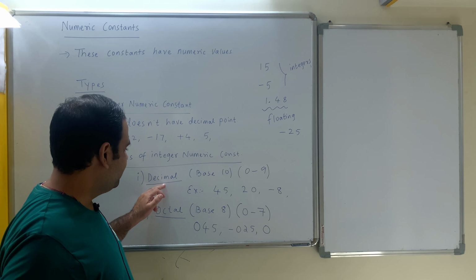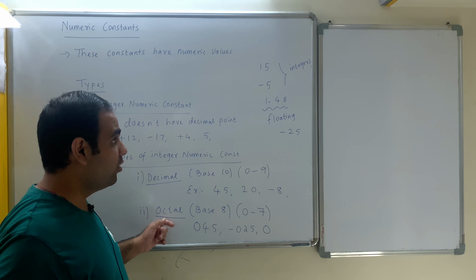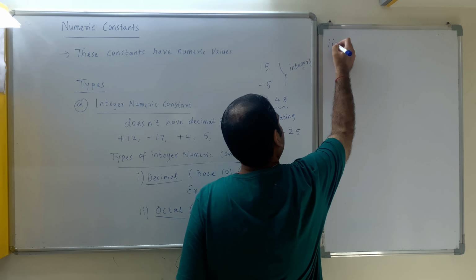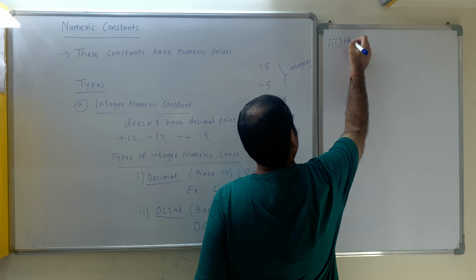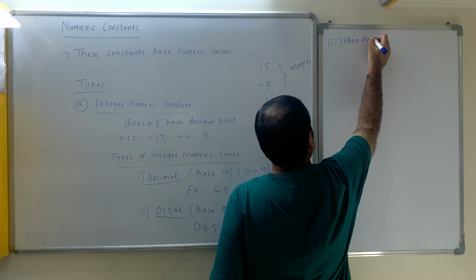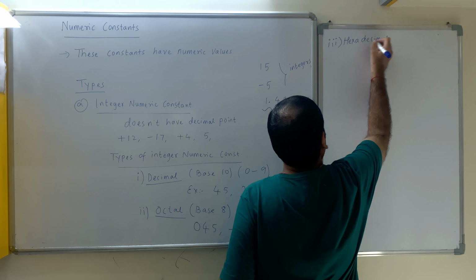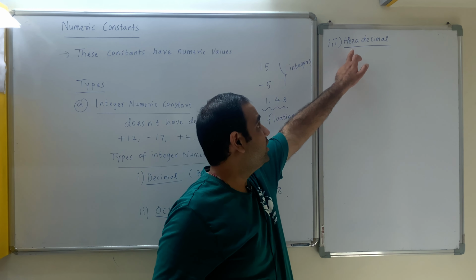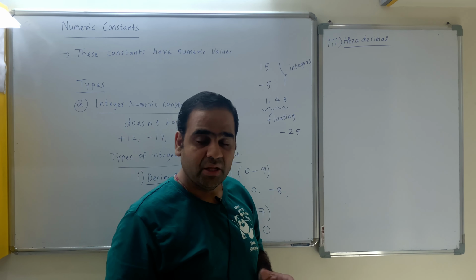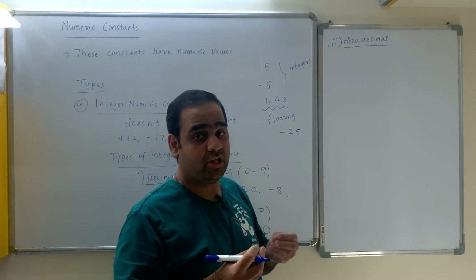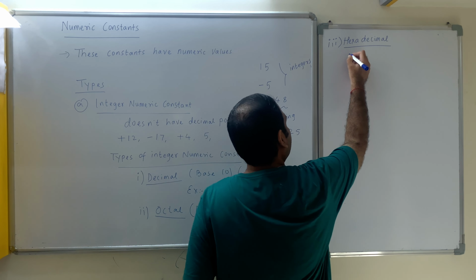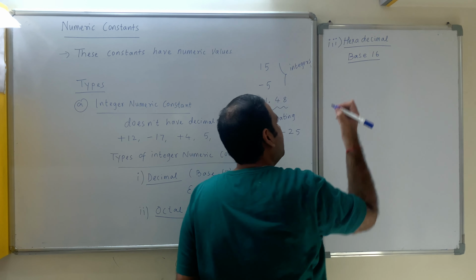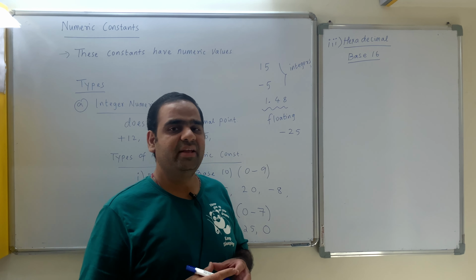Therefore, the first type that we have studied is decimal, the second was octal, and the third one that we will study is the hexadecimal. The name itself says: hexa means 6, decimal means 10. That means it is 16, 6 plus 10. Therefore, it is a base 16 system. Now, what are the digits that we can use?